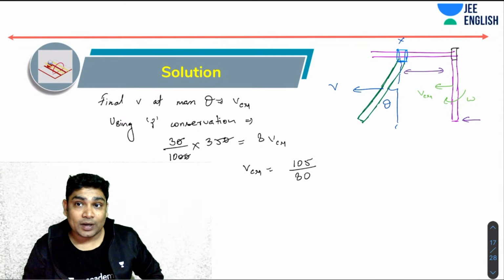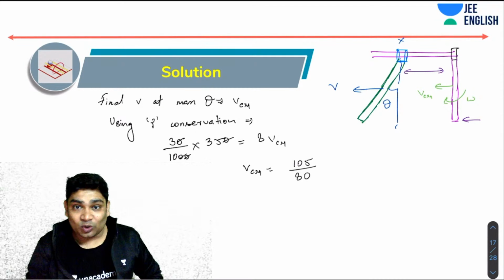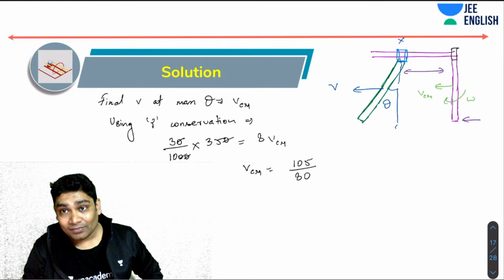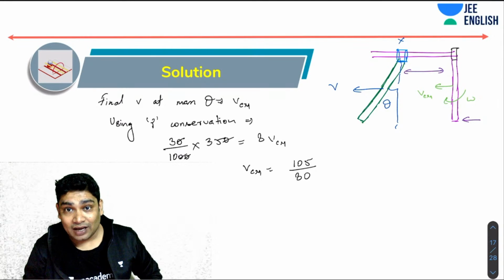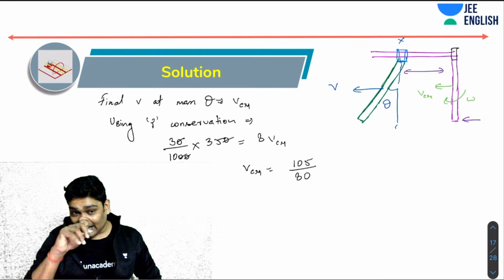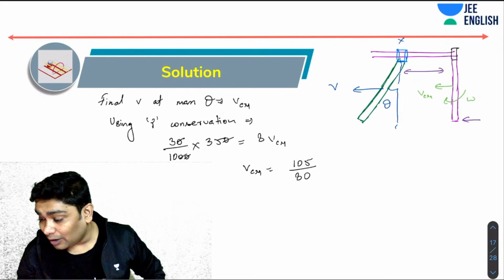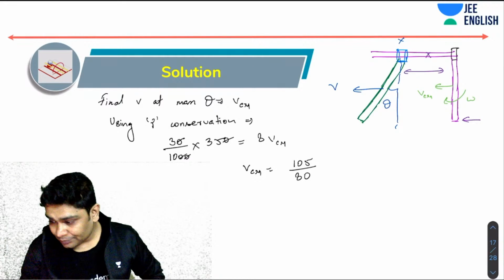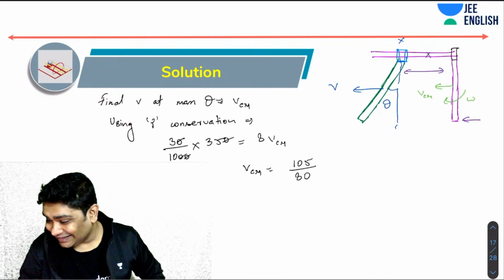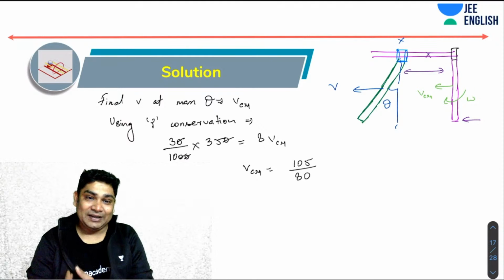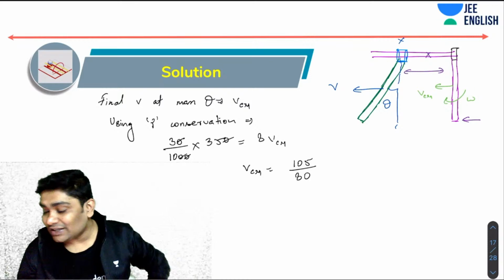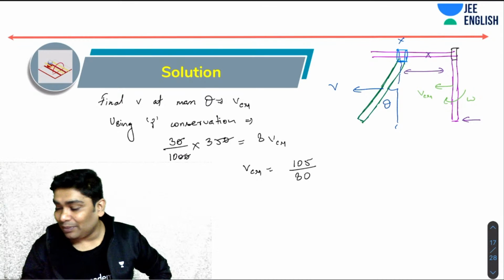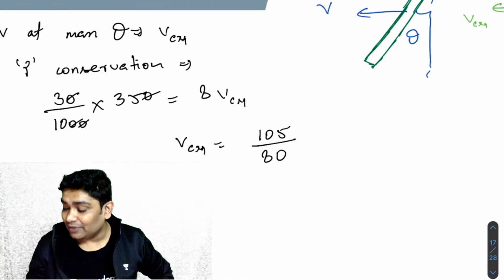So if I can find the rotatory kinetic energy, how do I do that? I can apply angular momentum conservation about any point on this rod. For that matter, anywhere I could have applied. It doesn't really matter.